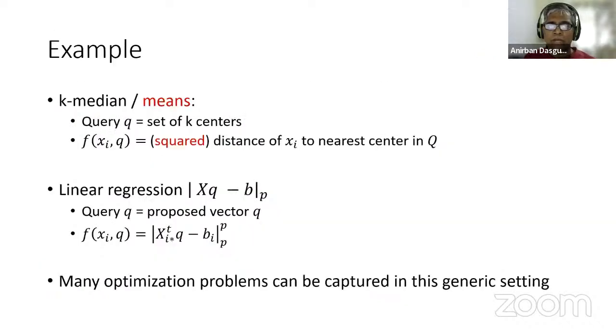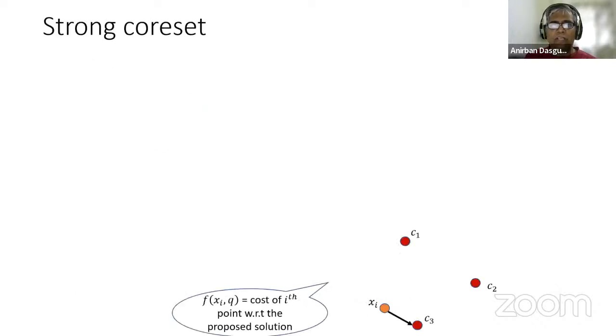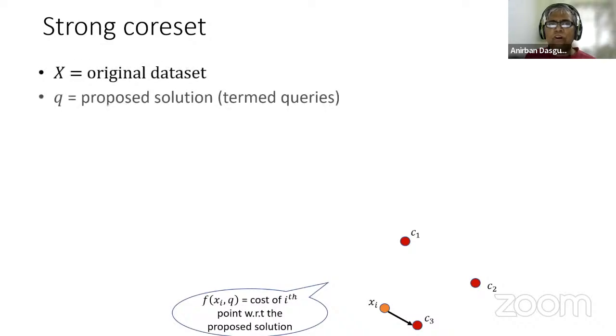We saw these examples in k-median or k-means: the query is a set of k centers, and the cost of a single point is the squared distance of x_i to the nearest center in Q. In the case of linear regression, the query is a proposed vector, and the cost of a single point is x_i transpose Q minus b, or a_i transpose Q minus b.